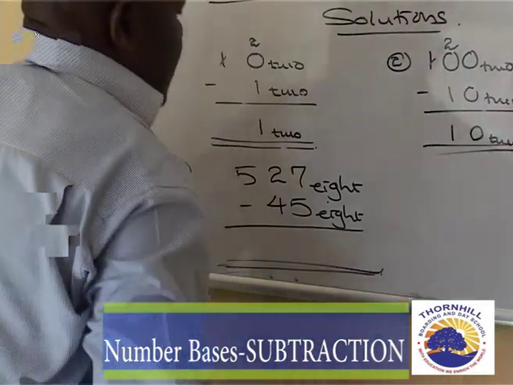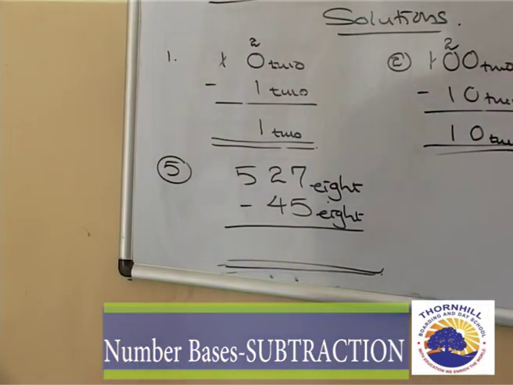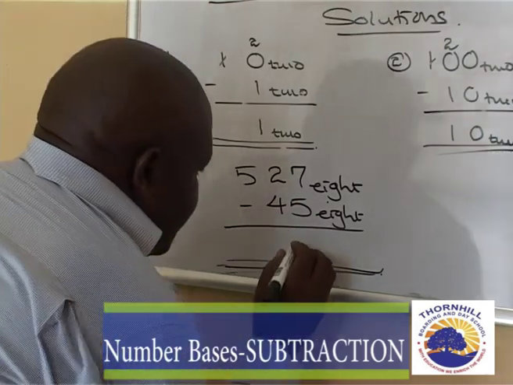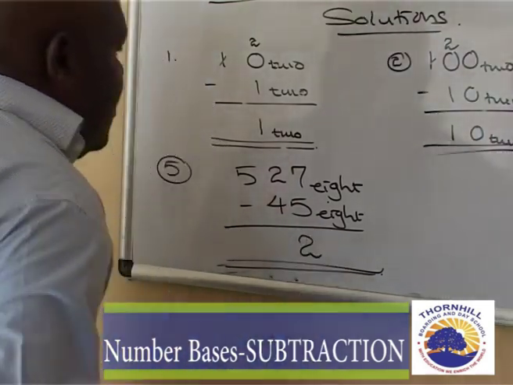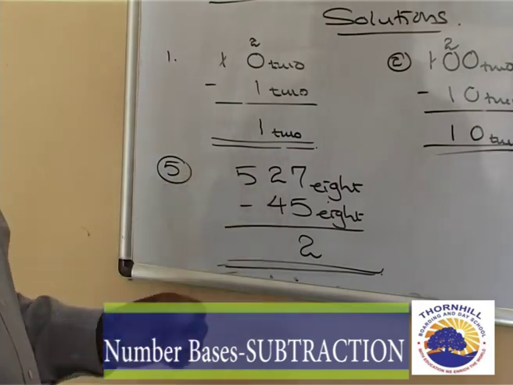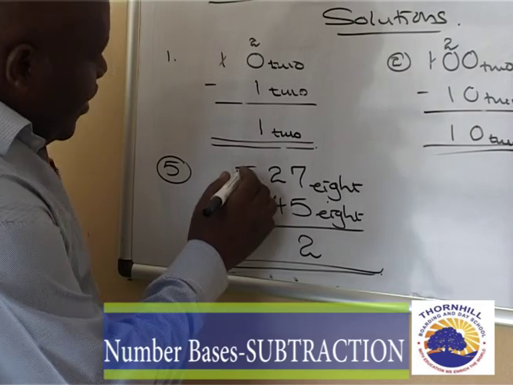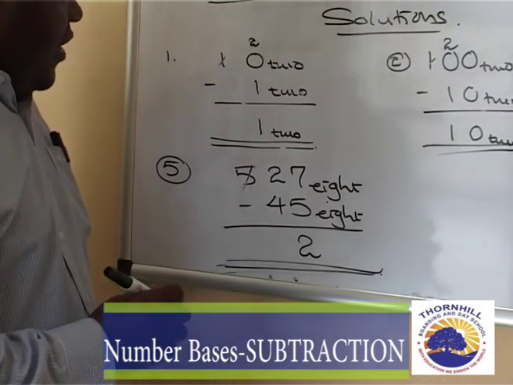Again, we do the subtraction as usual. 7 take away 5 gives you a 2. 2 take away 4, the 2 is less. So what do we do? We get a 1 from this one, the 5.